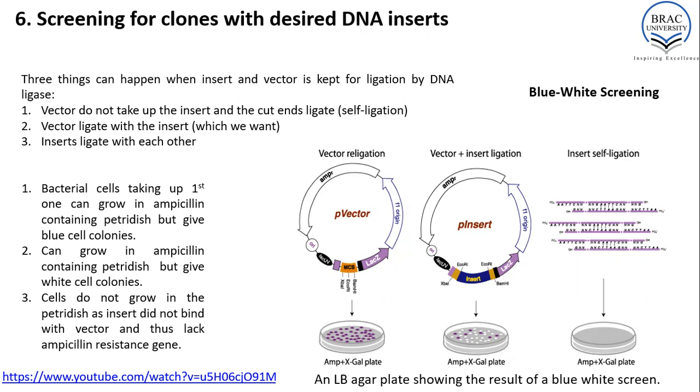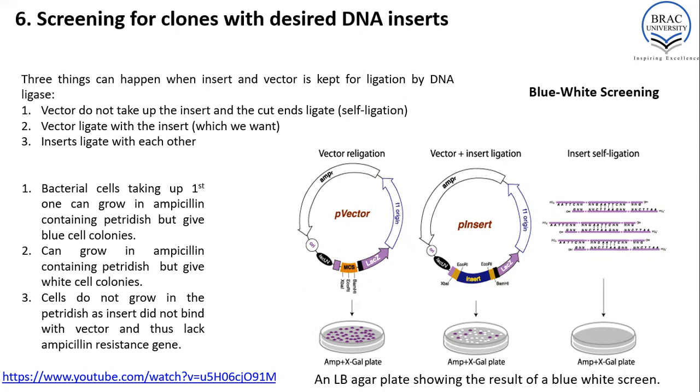And in the third case, if the inserts ligate to each other, we should not get any colonies on the plate because there is no vector at all. If there is no vector, the insert doesn't have the antibiotic resistance gene.